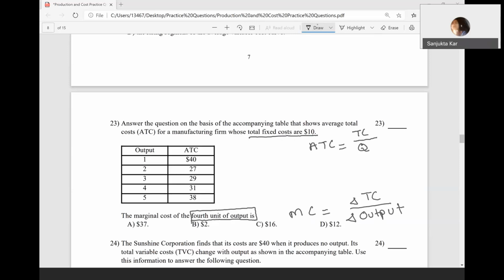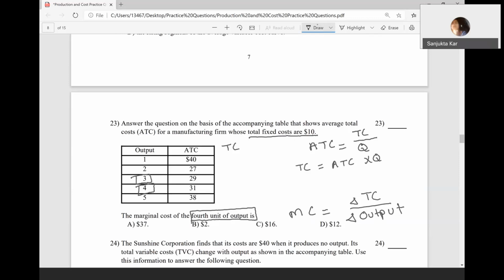Now I can cross multiply here. I can say that total cost is equal to average total cost times output. I don't really need to do all these calculations, I just need to do it for this one and this one.